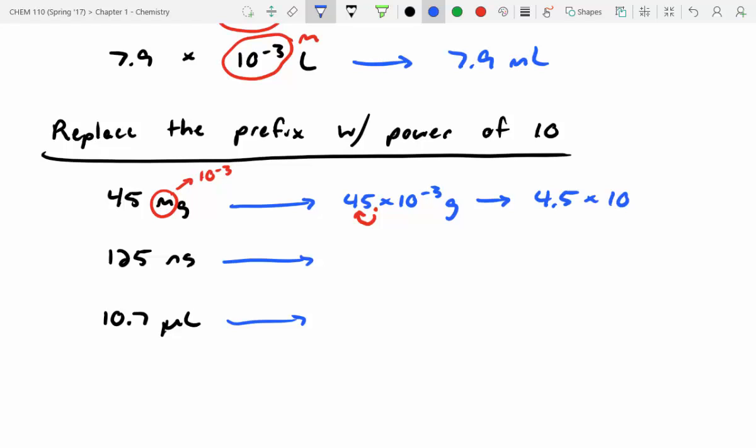Think about it this way. If you're going to the left, you're adding numbers. If you're going to the right, you're going in the negative direction. So are we going more negative or more positive? More positive, right? Because we're going to that left-hand side. So in this case, we want to change this from 10 to the negative 3 to 10 to the negative 2 grams.